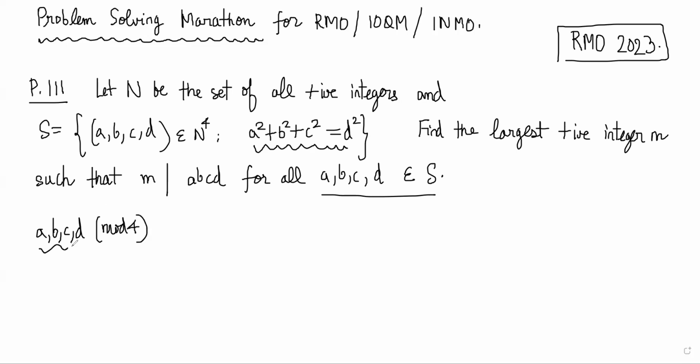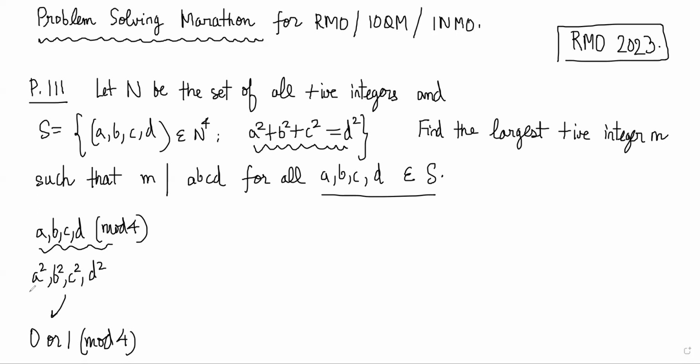The quadratic residues of a square, b square, c square, and d square have to be either 0 or 1 mod 4. If you are unfamiliar with quadratic residues, I recommend that you check out my number theory course on Udemy, where I have a detailed discussion of that.